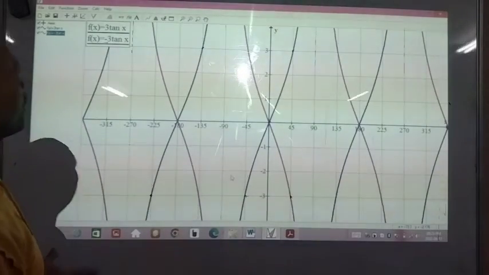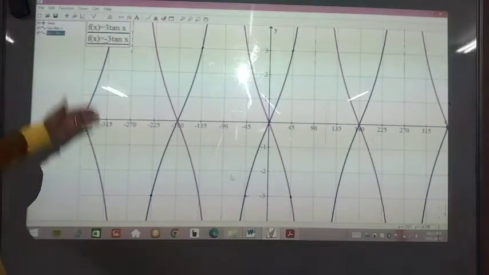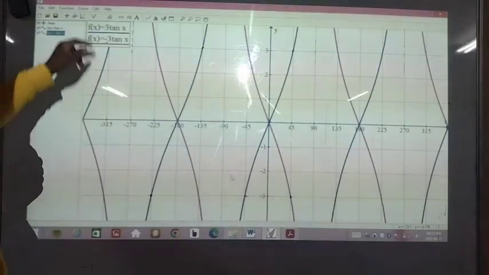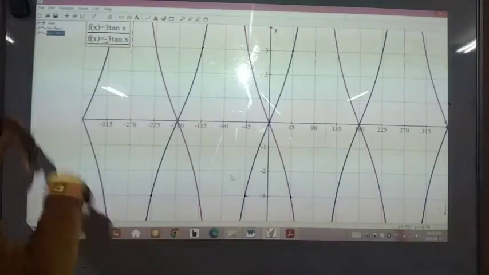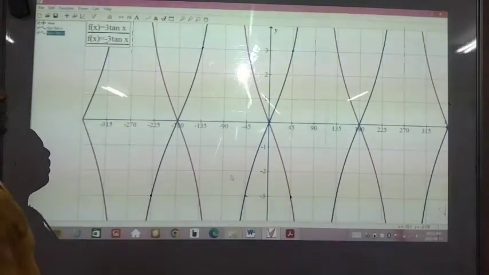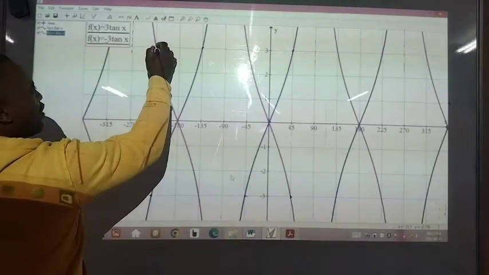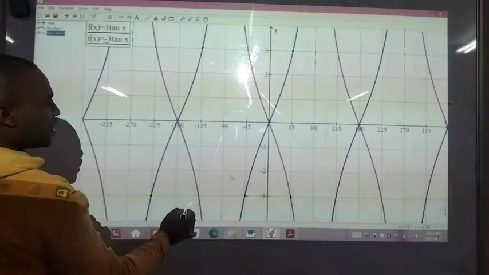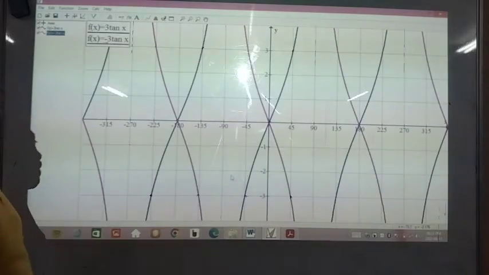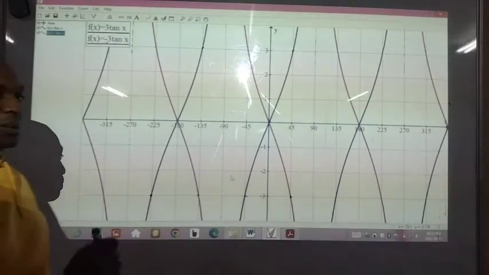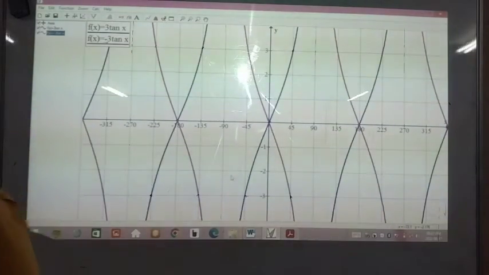So if you are asked to draw, it might be easy to start with the graph of 3 tan x, and then reflect the strategic points, and it becomes very easy to draw the graph rather than going point by point.